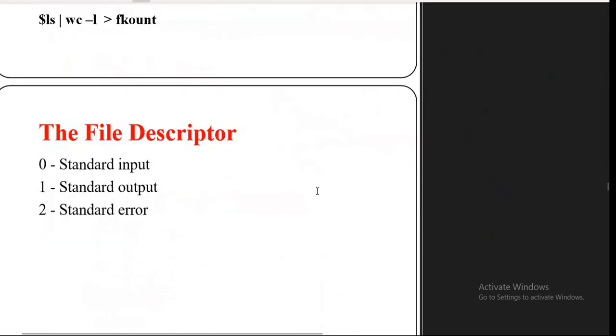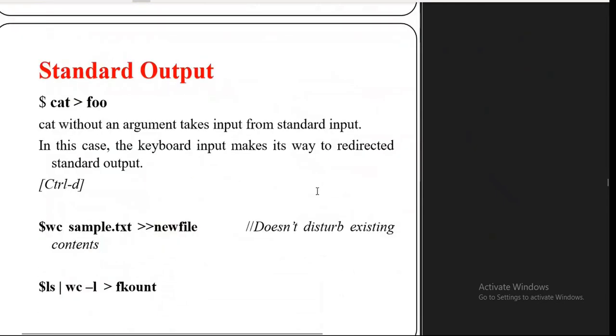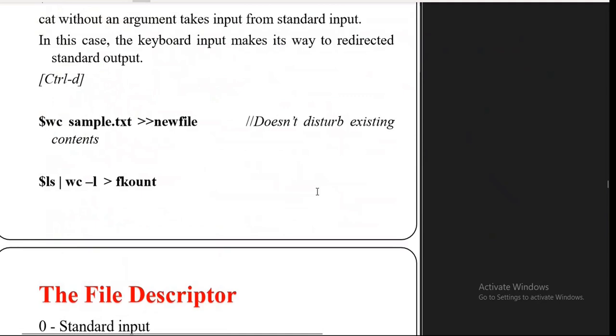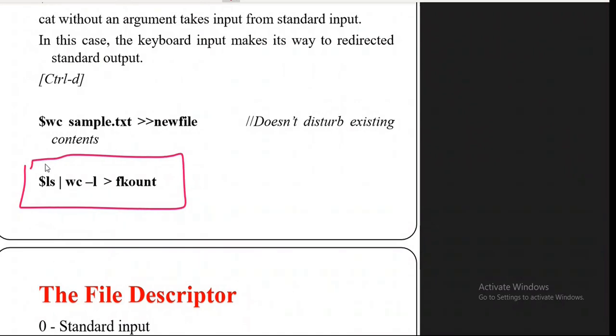Okay, so that's all about the standard output. Similarly, you can use the pipe. You can just take an example for representing. The output of ls, what happens? You will be getting a list of files.